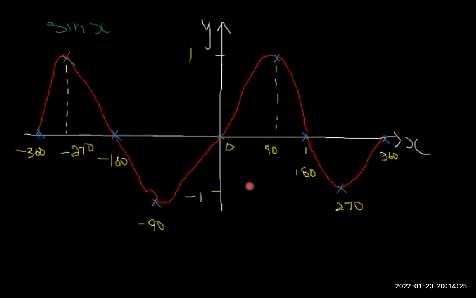You would never be able to put a value for x in this function and get a number that's greater than 1 or less than minus 1. That is why we say for our sine graph, the maximum value is 1 and the minimum is minus 1. You good with that? Yes, miss.